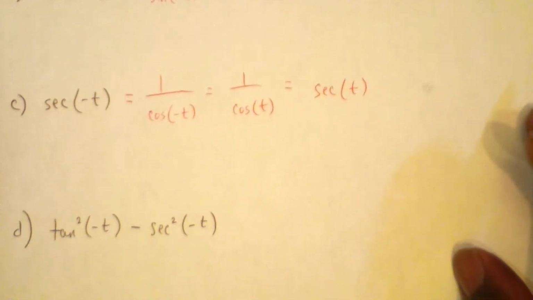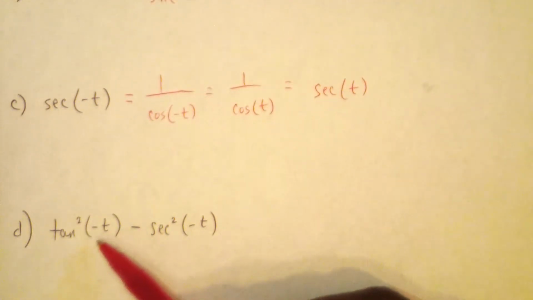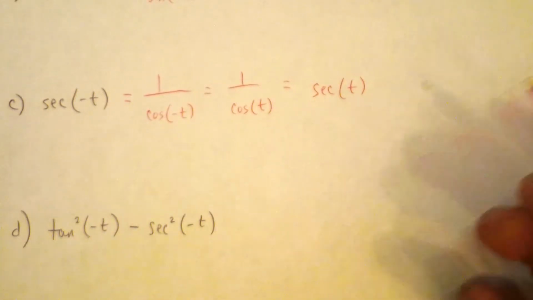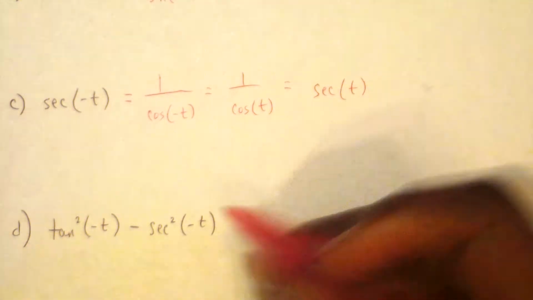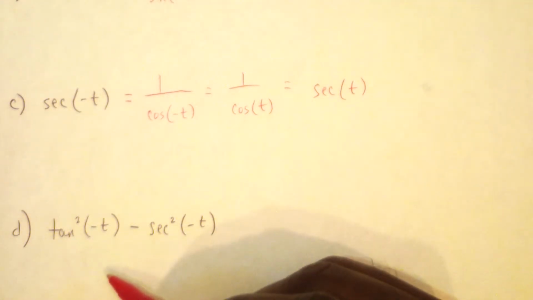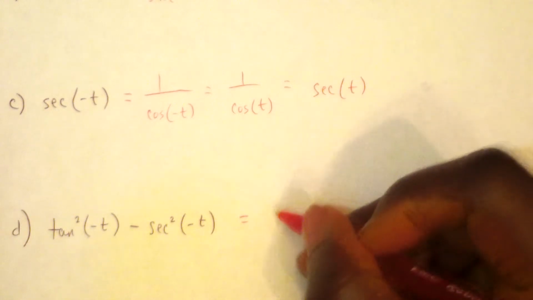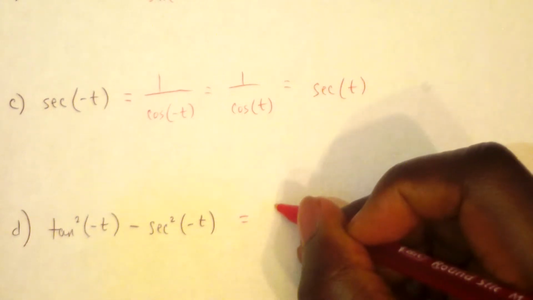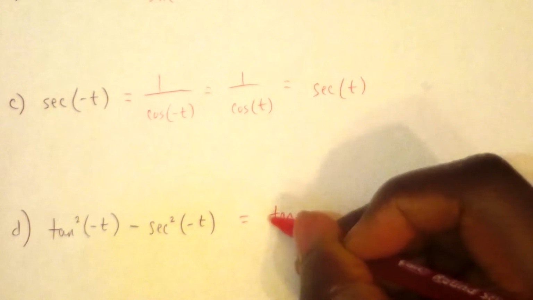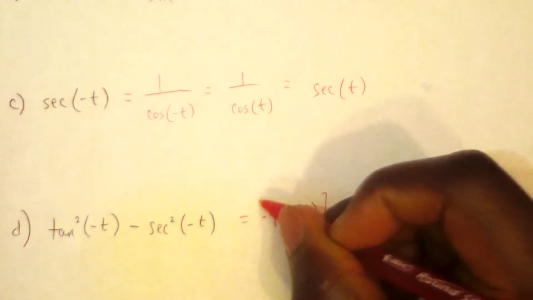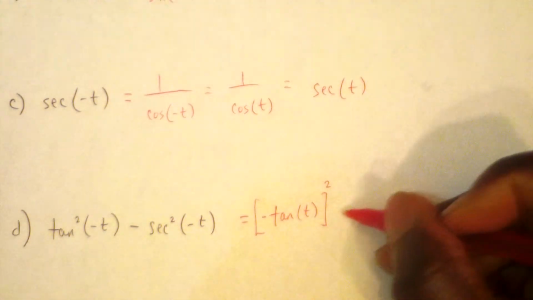And so for our last example, we'll look at tangent squared and secant squared and do it together and see what we get. For tangent, we know that tangent is an odd function, so this will be a minus tangent of t, and that will be squared.